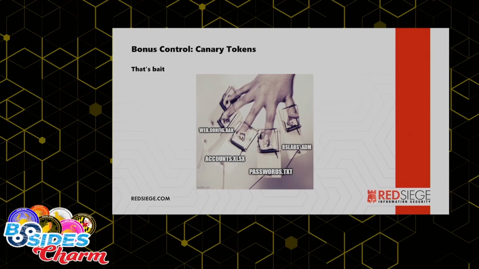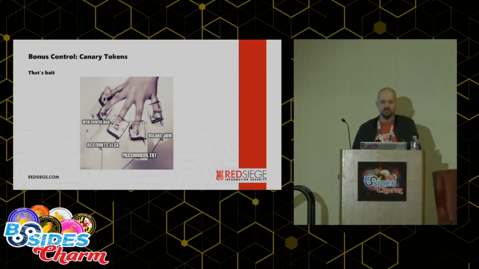If you're going to have file shares, you're going to need them. Stick a file named passwords.txt in some six-folder deep directory, and just leave it there. And have auditing set on it so that if anything actually opens that, it fires off an alert.